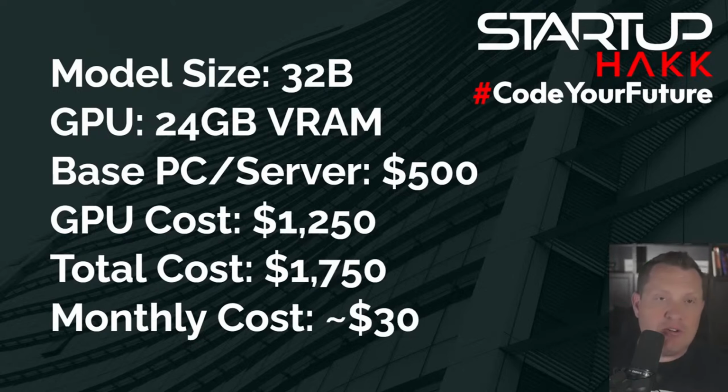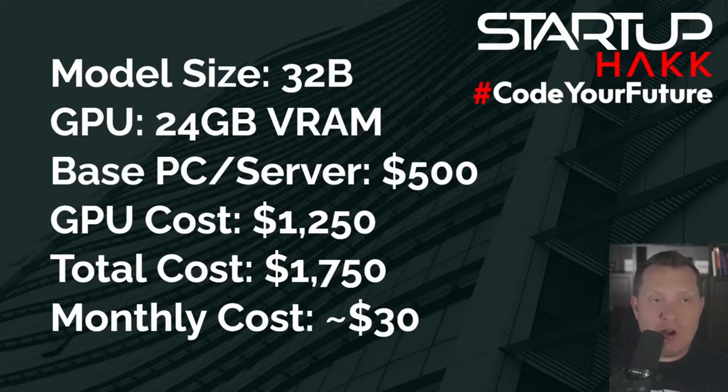Now, when you start getting into models that get more efficient, 32 billion is when these models start getting really, really interesting. Before that, your accuracy is just really low. So 24 gig GPU, your GPU cost is about $1,250. Now, your consumer grade GPUs are pretty much limited at 24 gigs. You can't really get a whole lot of consumer grade GPUs with more than 24 gigs.